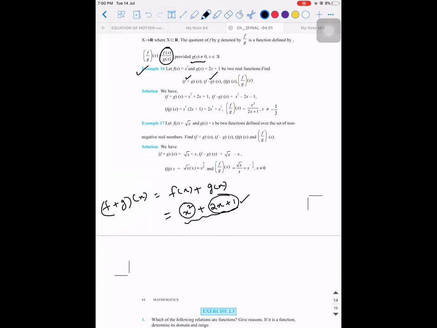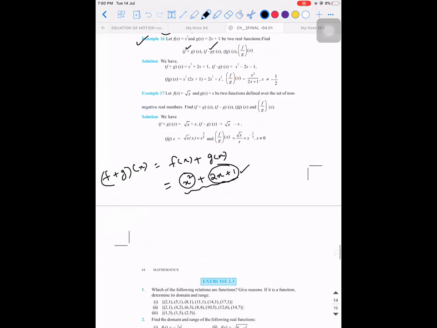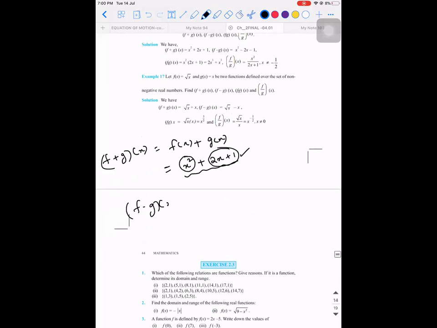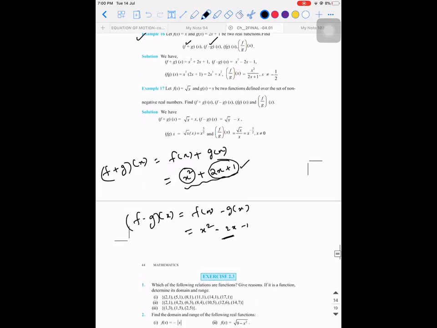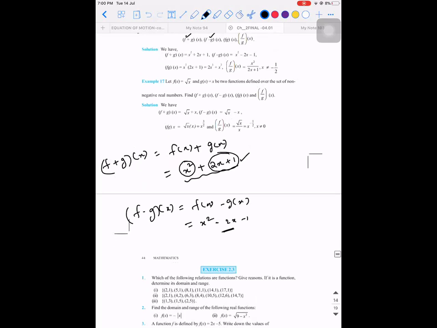Similarly, what will be the value for f minus g of x? f of x minus g of x. Minus 2x. So it will be x square minus 2x minus 1. So what will be f of x into g of x? f of x is x square, into 2x plus 1.